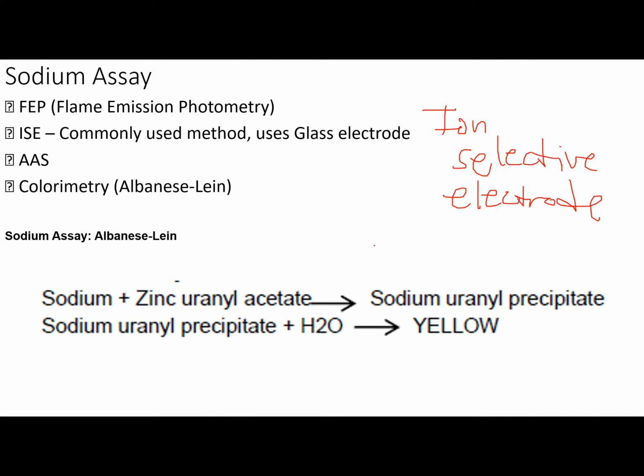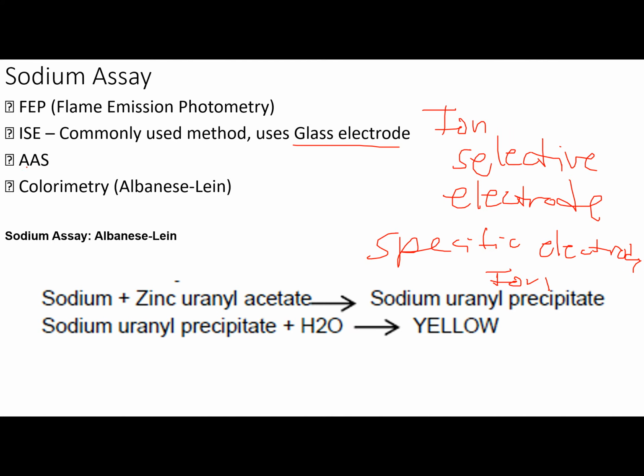Meaning, class, meron siyang specific electrode for the type of ion being tested. Sa ISE ng sodium nyo, for the ISE assay in sodium, this is the commonly used method. The electrode used here is the glass electrode.